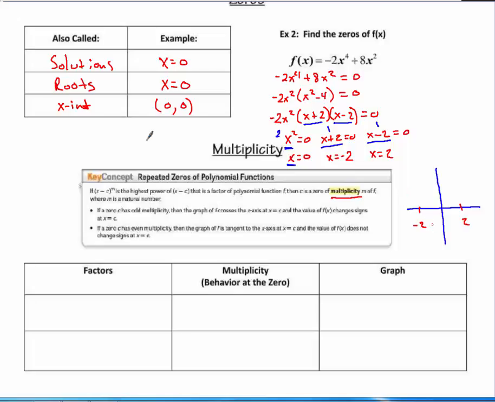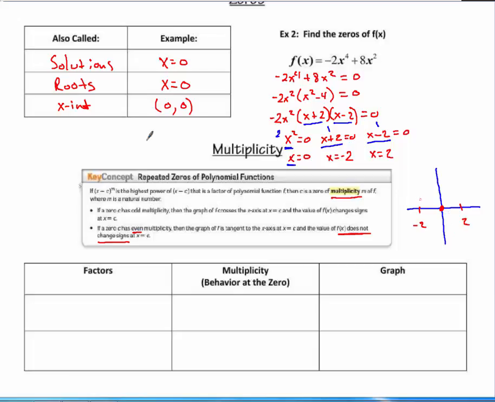It may go up, it may go down, but it's going to go through them. And down here it says if a 0 has even multiplicity, then the value of f of x does not change signs. So that means right here at 0, if this graph is coming up, when it hits here, it's going to go back down and stay in the negative.